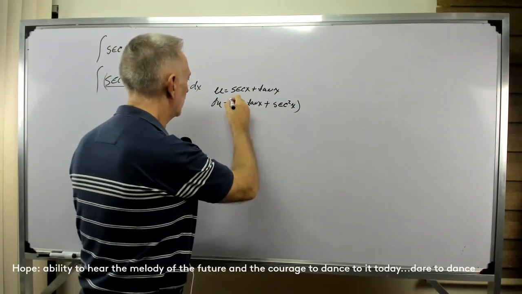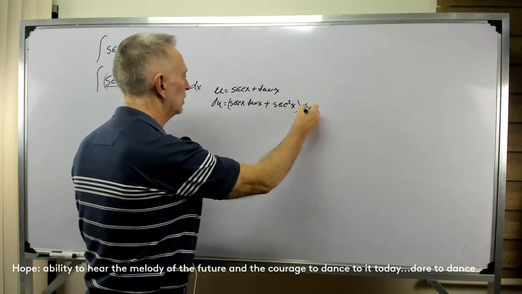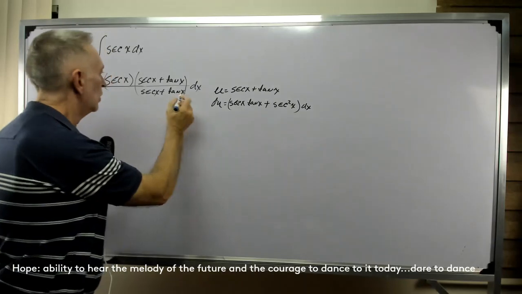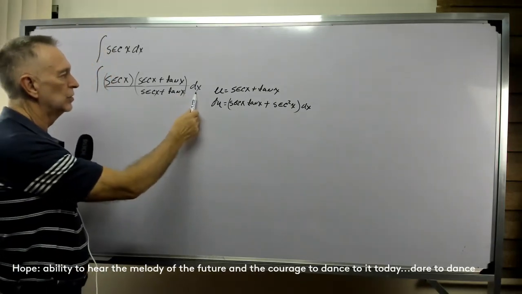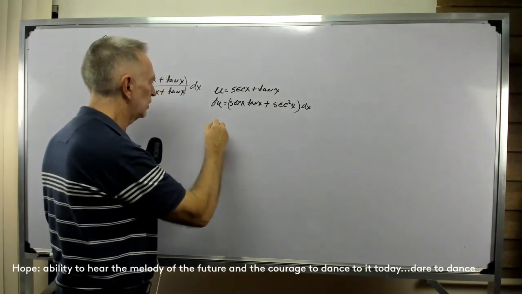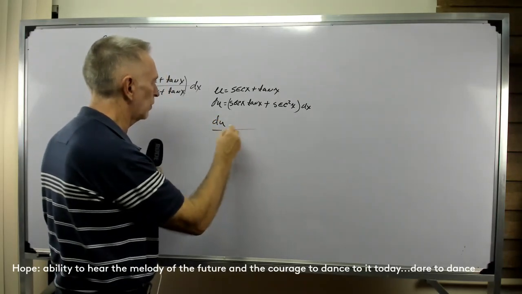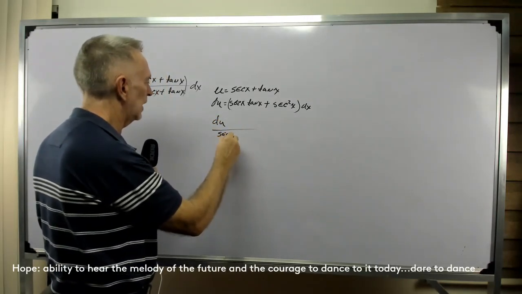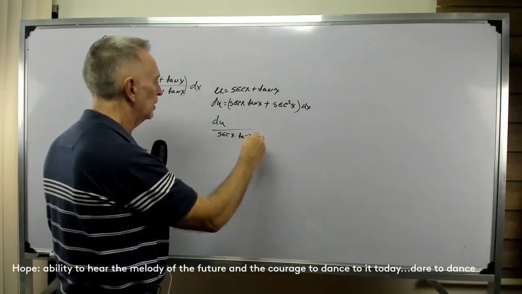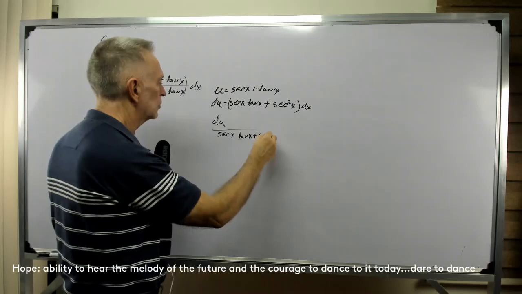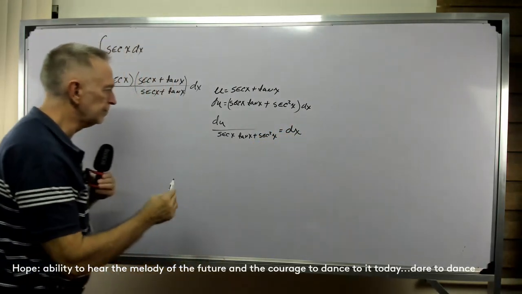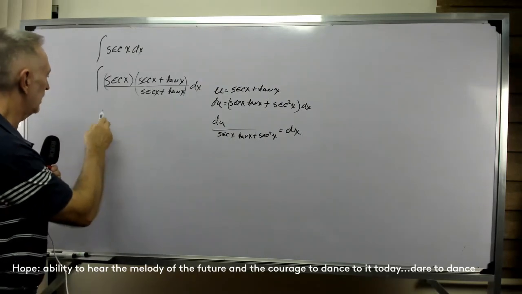Of course, all of that's with respect to dx. Now, to be able to replace dx, let's solve for dx here. So we would have du over secant x tangent x plus secant squared x, and all of that equals dx. Well, you can see where we're headed with this.